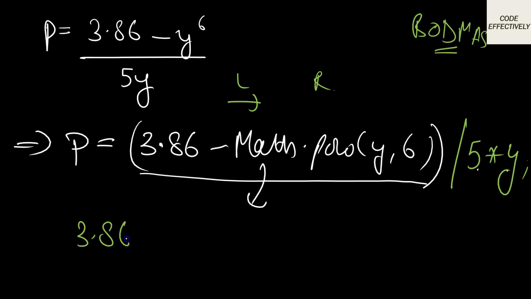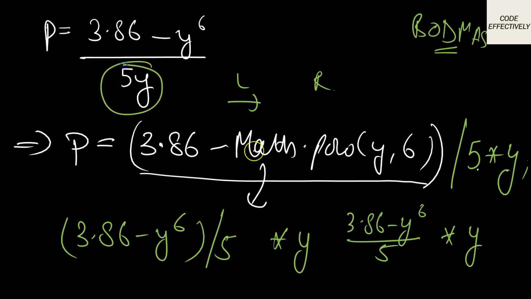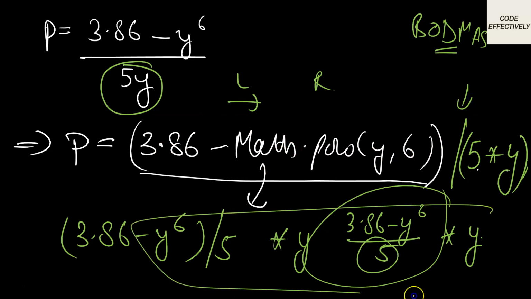So it will first divide the entire expression by 5, and then it will multiply by y. The expression comes out to be 3.86 minus y raised to the power 6 upon 5, and then multiplied by y. So this comes out wrong. What we wanted was 5y, and what we got was division by 5 and then the entire thing multiplied by y. So make sure to keep the denominator in a bracket and the numerator whole in a bracket when you are dividing, so that this type of error doesn't come.